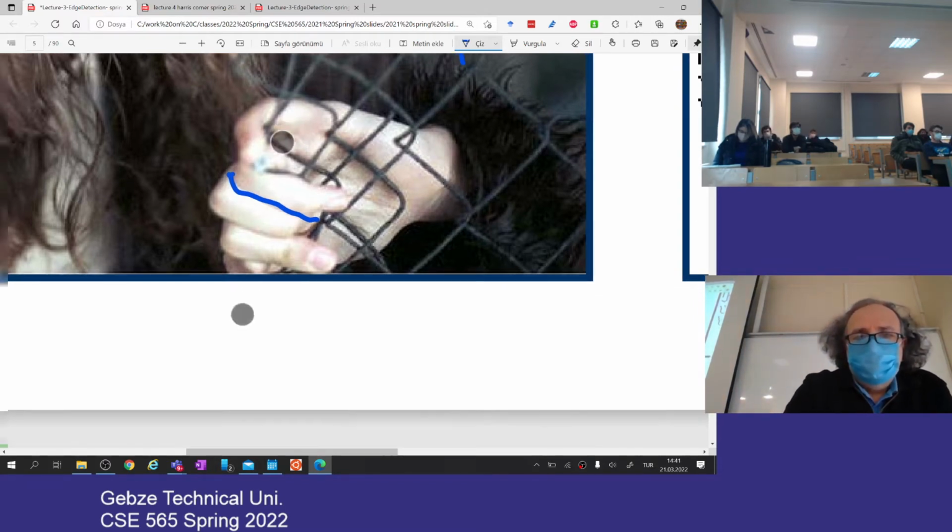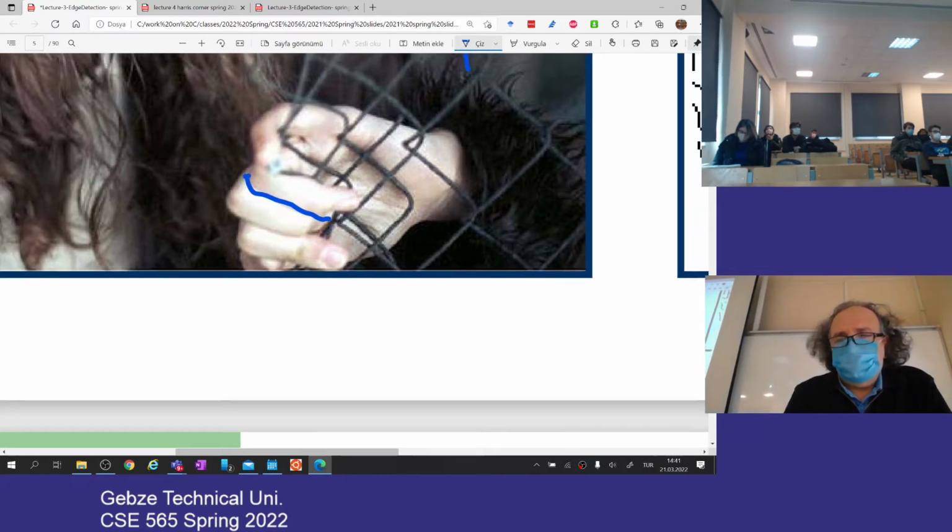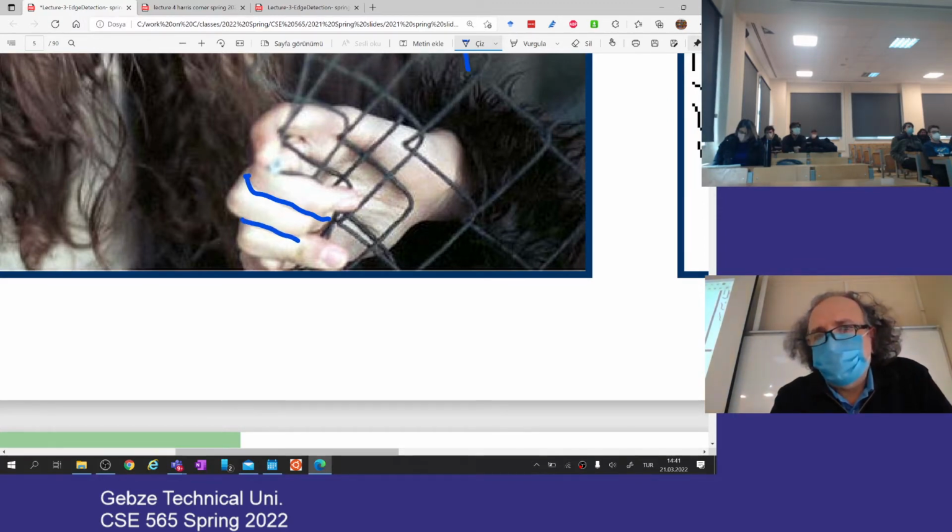Because I know that this part is dark and other parts are not that dark at all, I would say the edges are around here. The same thing is here, so edges are both here.